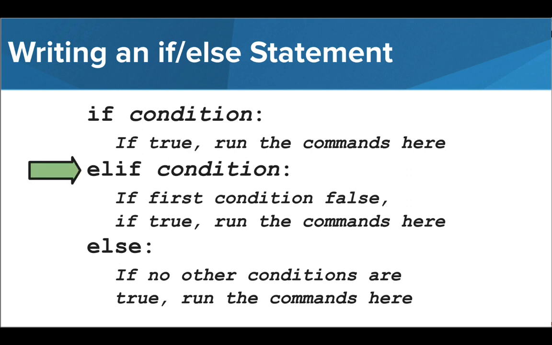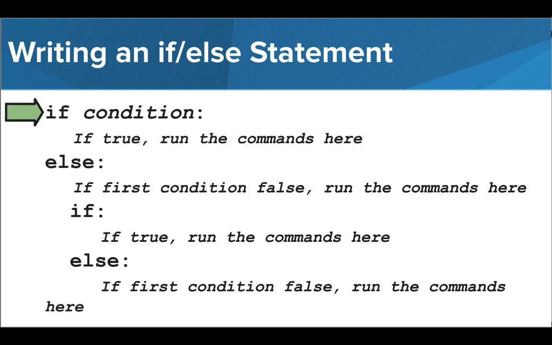We write our elif conditions in a similar manner, using the word elif and the condition and then a colon. All commands are indented below. The statement concludes with the word else followed by a colon. We don't place a condition next to the word else because this is performed anytime the other conditions are false. The commands to be performed are indented below.